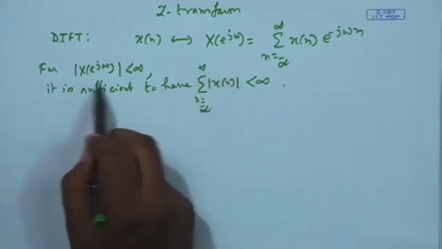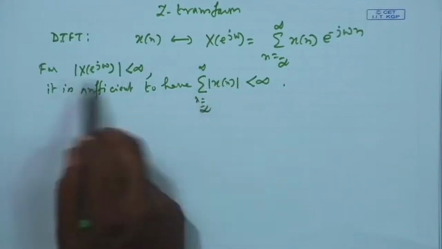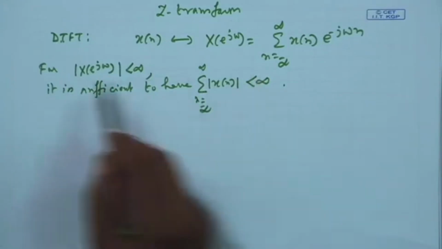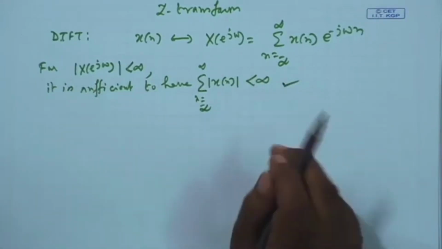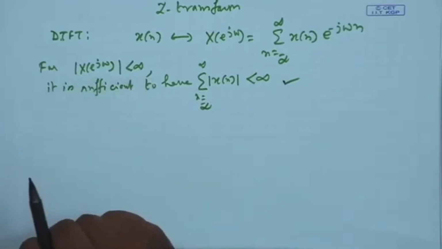If that happens, DTFT will always exist. This is a strong, sufficient condition. If it happens, DTFT will always exist, but it does not mean that if it does not happen, DTFT will not exist, it may or may not, but this is a safety case, that if it happens, DTFT will exist. That is what we studied there, right.